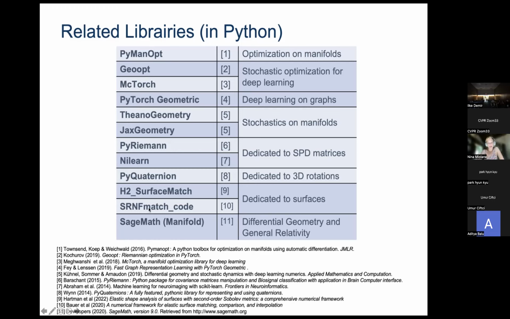And then all the others are Python packages that perform computations and learning on manifolds, but they focus on a special type of manifolds, for example, the manifold of SPD matrices or 3D rotations. By contrast, we do not do fancy optimizations in Geomstats, but we try to implement a very wide range of manifolds, including the manifolds that represent shapes and shape spaces.